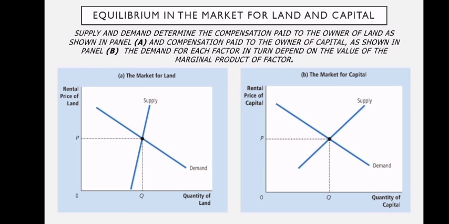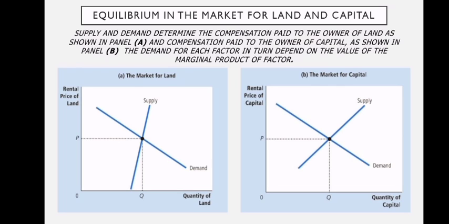For both land and capital, the firm increases the quantity hired until the value of the factor's marginal product equals the factor price. Thus, the demand curve for each factor reflects the marginal productivity of that factor. We can now explain how much income goes to labor, how much goes to landowners, and how much goes to the owners of capital.